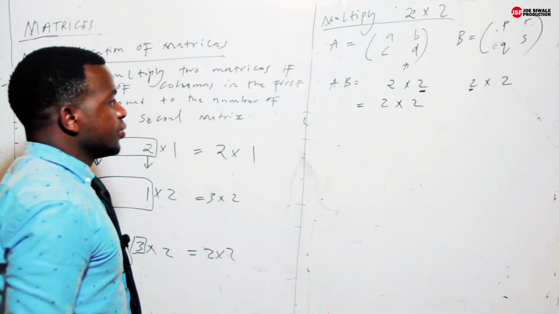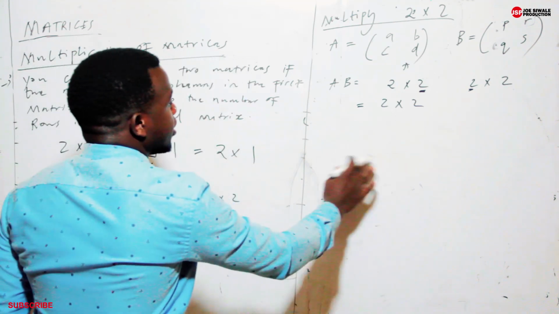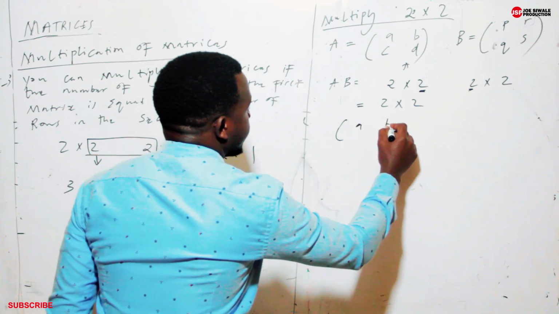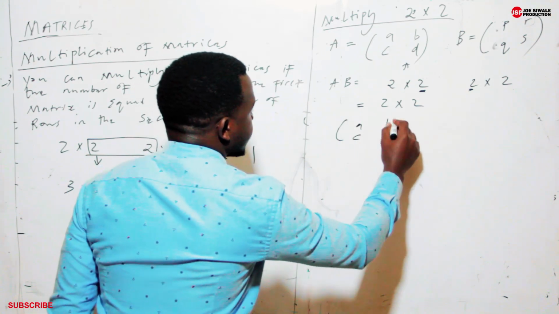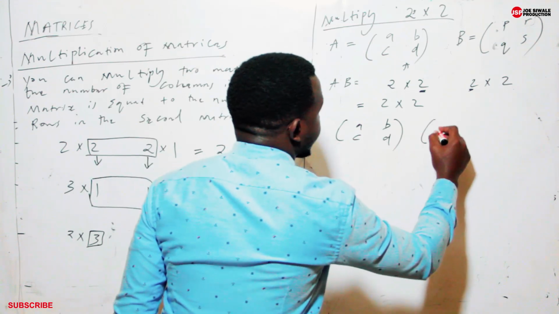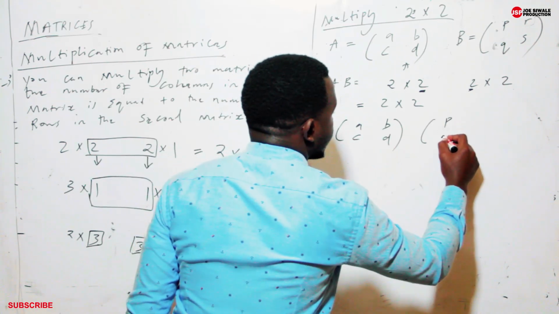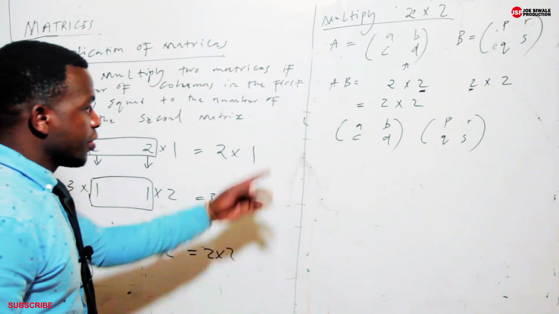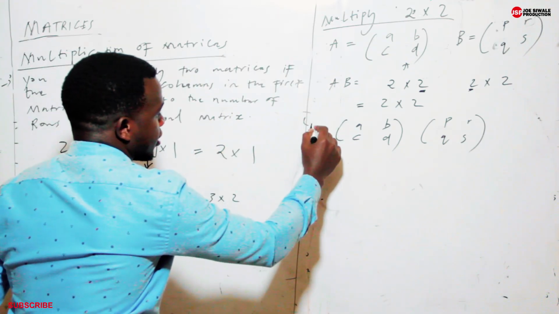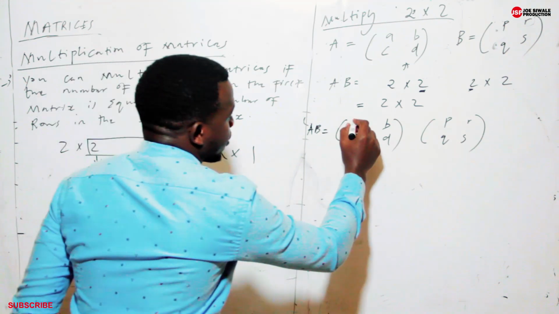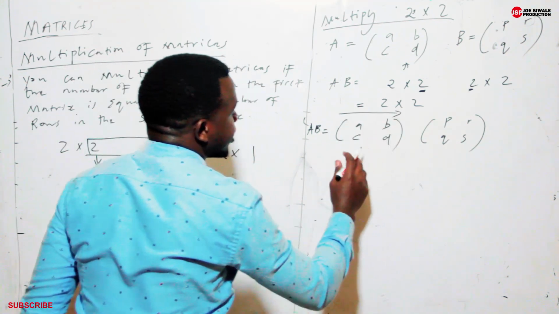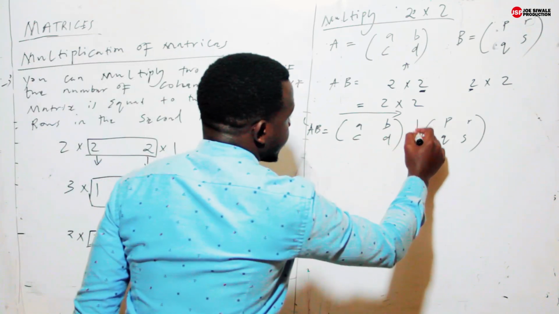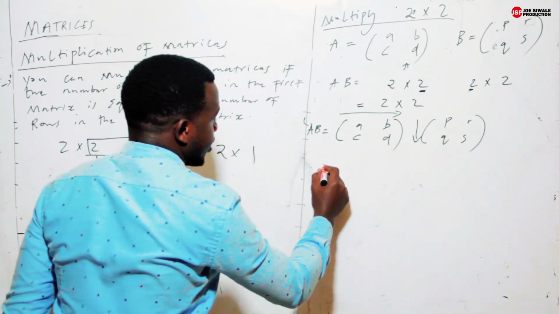So let us do our calculations. We have A, B, C, D. Then we have P, Q, R, S. So how are we going to multiply this? We're going to multiply each row in the first matrix by each column in the second matrix.